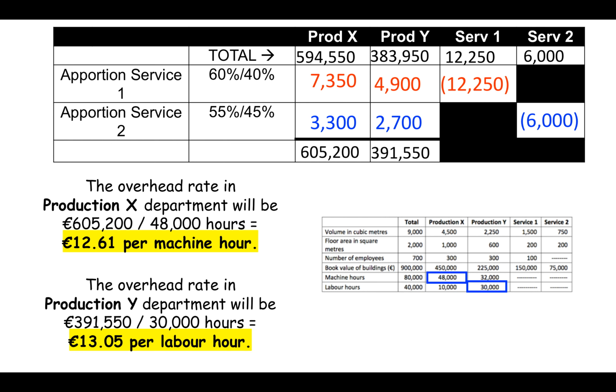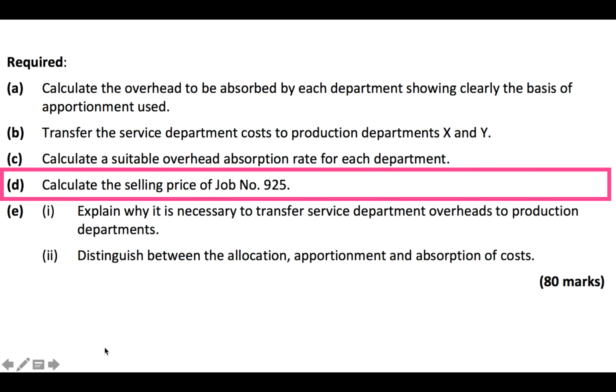Then the overhead rate in production Y department will be 391,550 divided by 30,000 labour hours. So that would be €13.05 per labour hour.